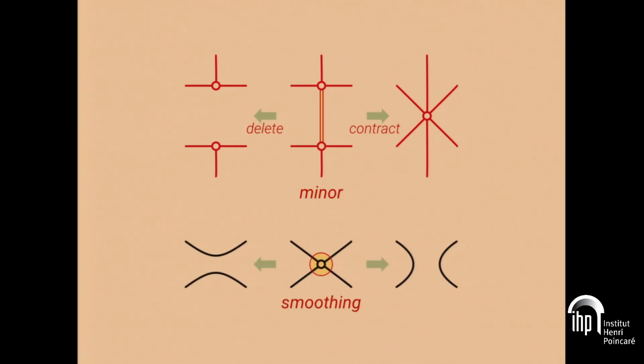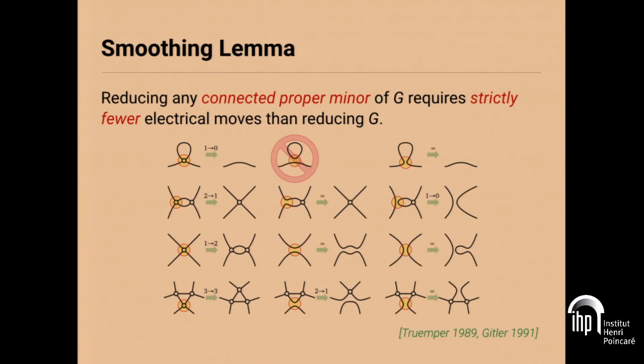Well, we've seen this before. This is exactly smoothing, where this way is Gauss and that way is Dane, or vice versa, depending on how you orient the curve. And so by looking at smoothings, which are really just minors, and looking carefully at results in earlier papers, we could show first a kind of monotonicity argument that if you make the graph simpler, the number of electrical moves you need goes down.